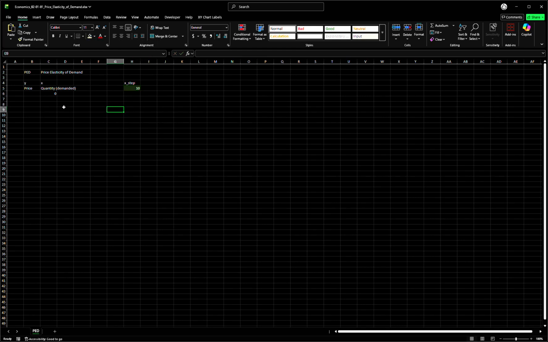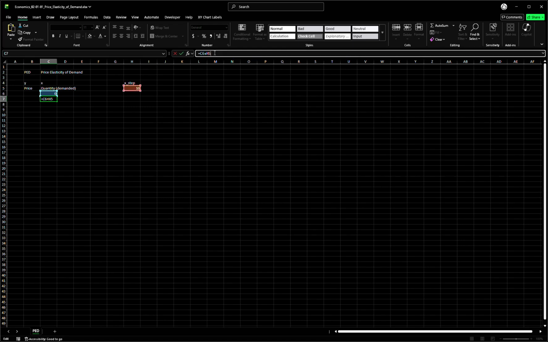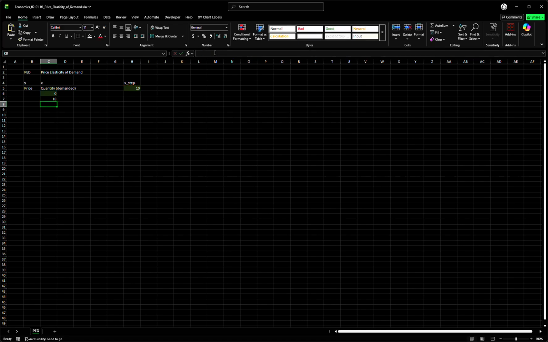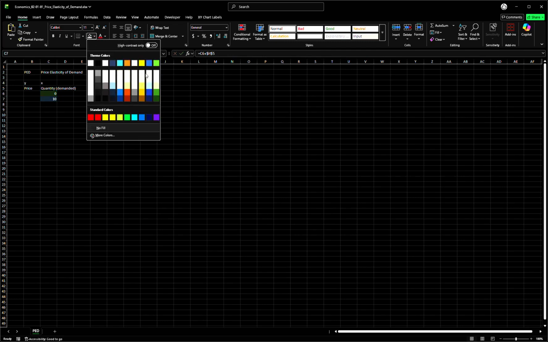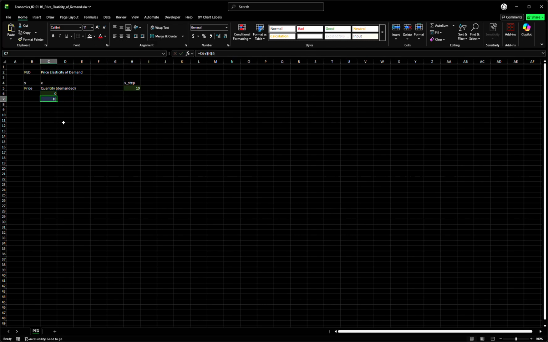I'm just going to put, okay, it starts with 0. Then this will just be 0 plus 10. Okay, lock that cell. So this will create what we need. Let's just go up to 100.